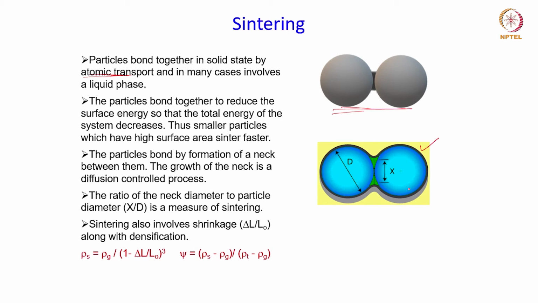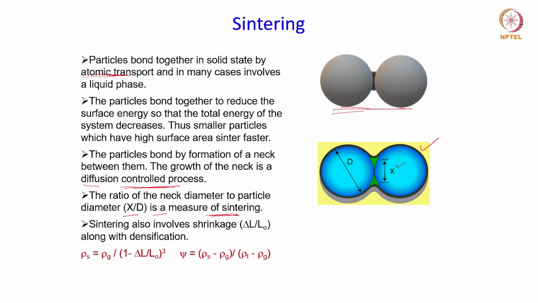And the growth of the neck is a diffusion controlled process, right? So the mass transport has to happen towards the neck for it to grow and the pores to be closed, and that ultimately will lead to densification. So here there is a neck radius, as you could see, and the ratio of the neck diameter to the particle diameter, x by d, is a measure of the sintering.